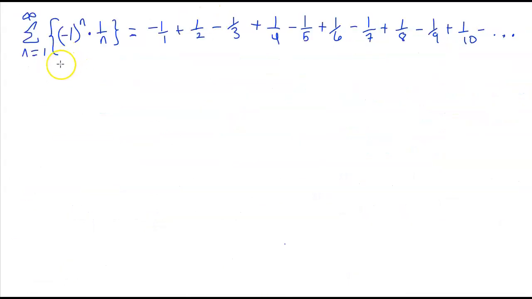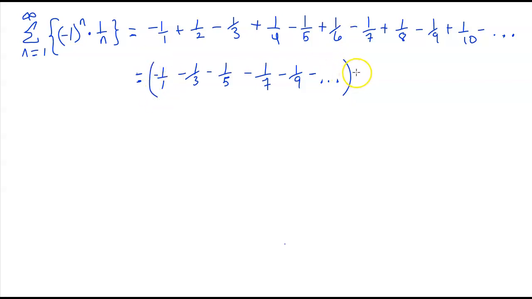Okay, so if we consider this alternating harmonic series again, I've listed out what the first 10 terms would look like if I was just adding up this series together here. And here, notice that I could group this as -1/1 minus 1/3 minus 1/5 minus 1/7 minus 1/9, and so on and so forth.